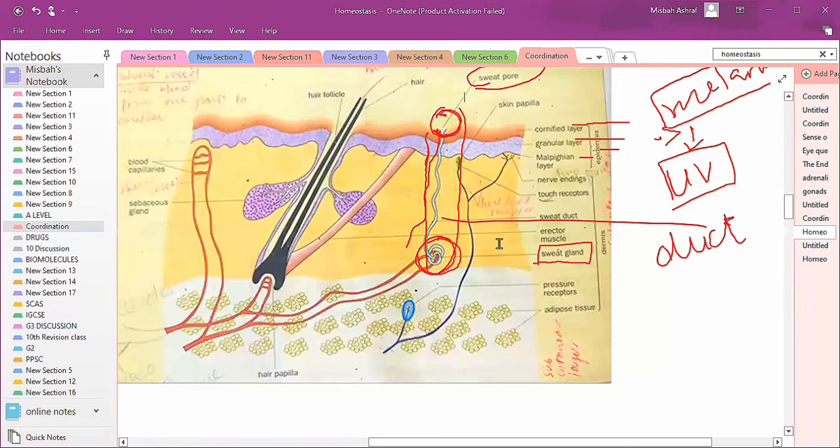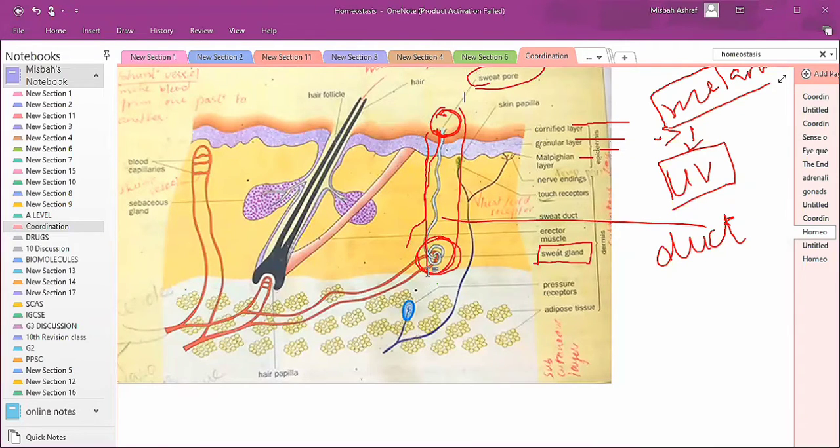Sometimes you have to identify this. So this knot is actually the sweat gland, which is connected here. You can see it is also connected with the blood vessels, and later on we are going to discuss its function. Blood will be flowing through these capillaries, which are connected with the sweat gland, and excretory products like urea, water, and some of the salts are diffused.